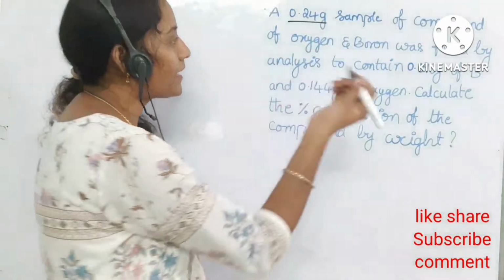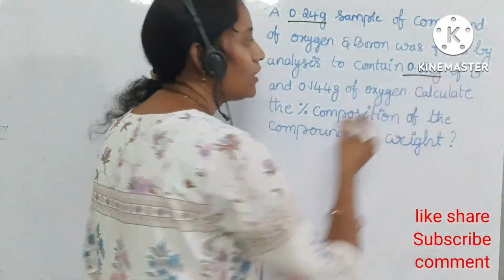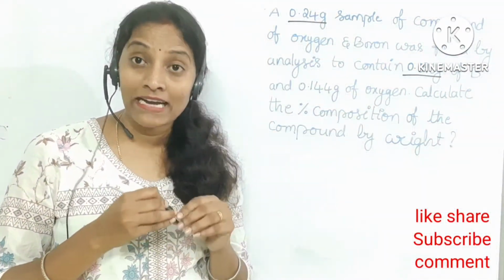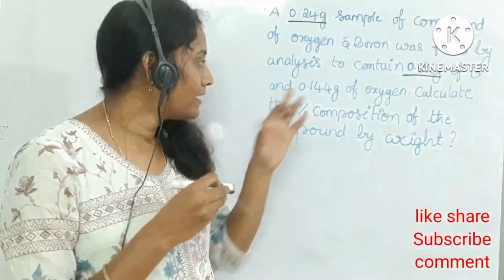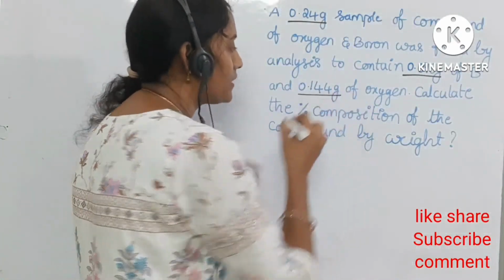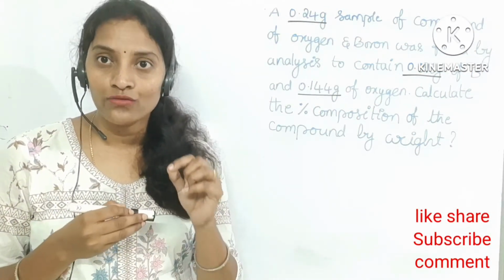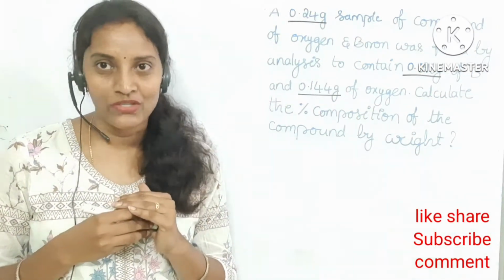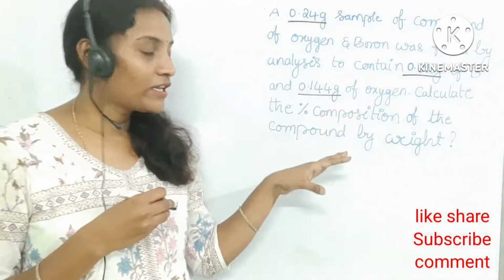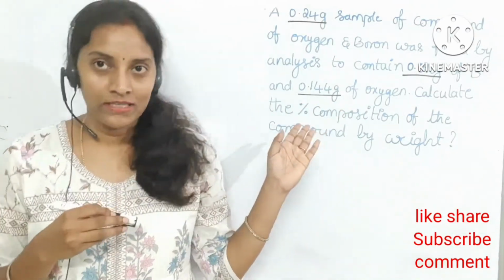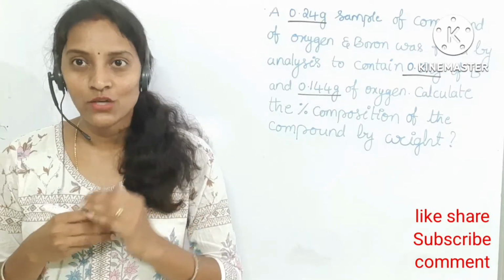The boron element's weight is 0.096 grams, and the other element is oxygen, whose weight is 0.144 grams. So you should calculate these weights' percentage composition.